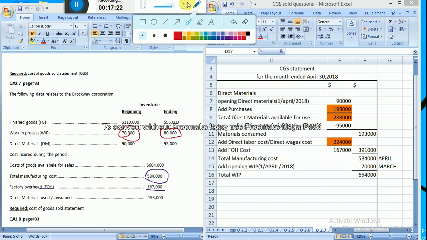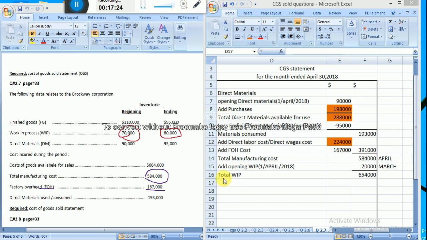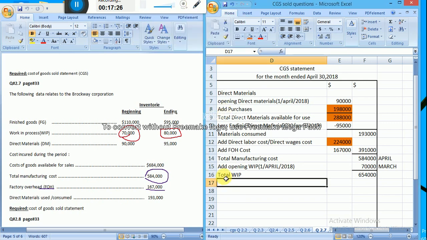So here I will subtract these, less ending work in process. Ending work in process here means that on 30th April 2018, how much work in process was left?